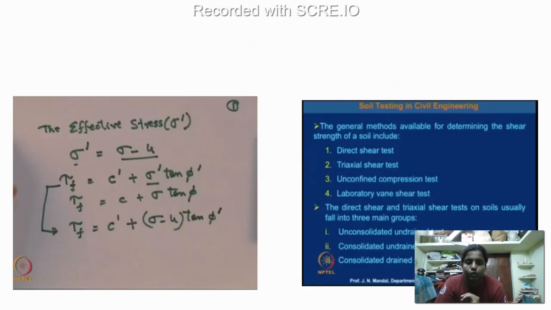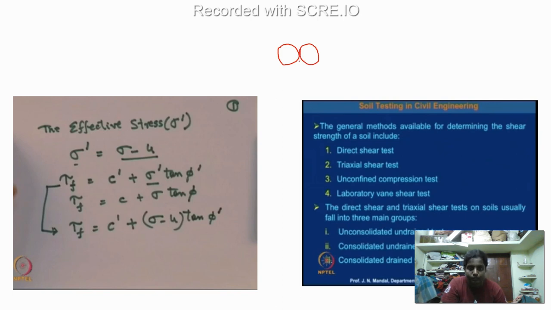Another important concept in soil mechanics is effective stress. Effective stress is your total stress minus pore water pressure. If you take a soil, this is one soil particle and this is another soil particle.